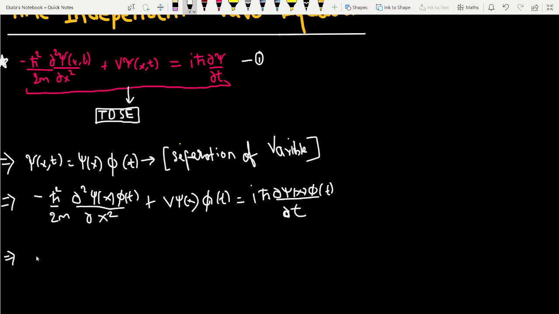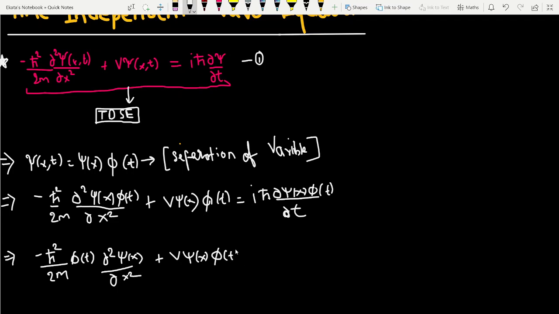So now we can write minus h cut square divided by 2m, with phi of t taken out as a constant because we are taking the partial derivative with respect to x. Then we write del square of psi of x divided by del x square, and leave the potential energy the same, which is V psi of x and phi of t.